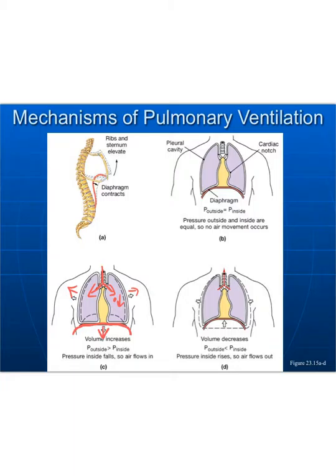Then we stop contracting these muscles. The diaphragm moves back to its other position, so the lungs get more squished. You also see that the muscles have relaxed here, so it goes back to its normal position. And so the volume has decreased. Now the pressure is higher inside the lungs than it is in the atmosphere, and that's why we breathe out, again, until that pressure is equalized.